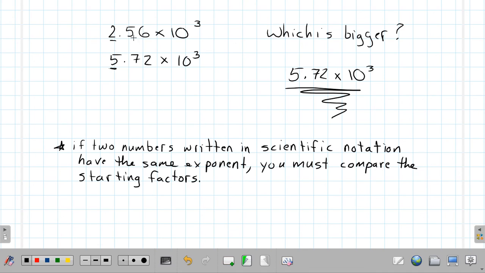Which once again is exactly like what I did here. 2.56 is less than 5.72, so that means 5.72 times 10 to the third is bigger than 2.56 times 10 to the third. Even though they both have factors of 10 over here, 10 to the third, 10 to the third, or powers of 10, where the exponents are the same, then we have to look at these numbers, okay?